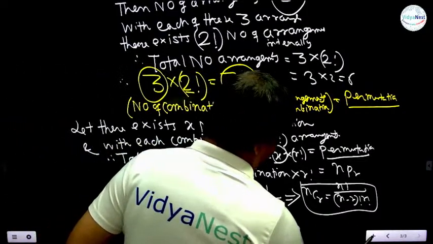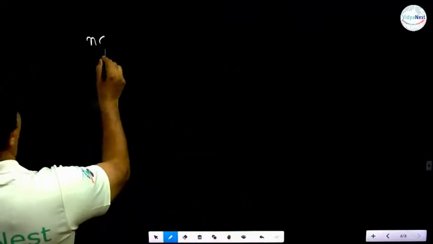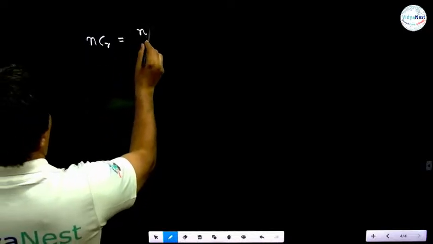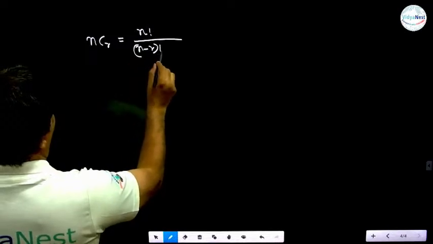So we have got NCR equals factorial n by (n minus r) factorial into factorial r.